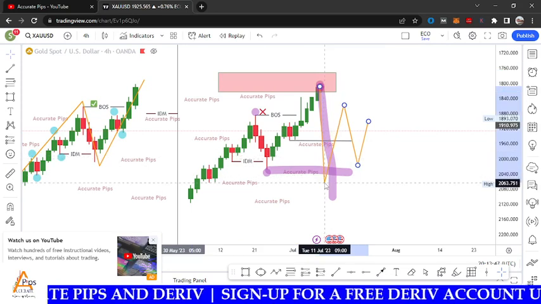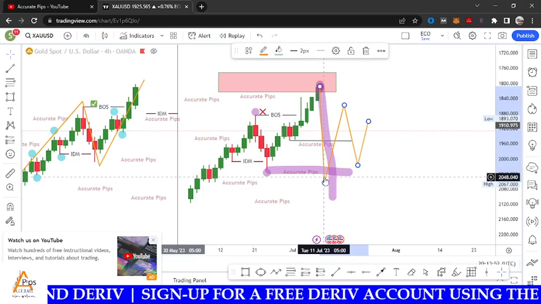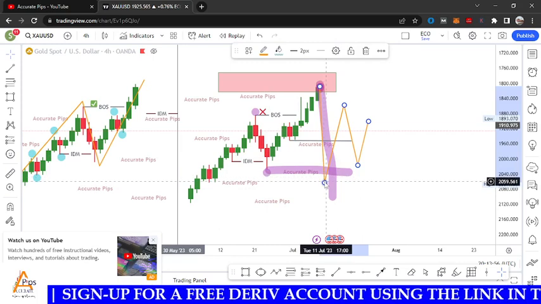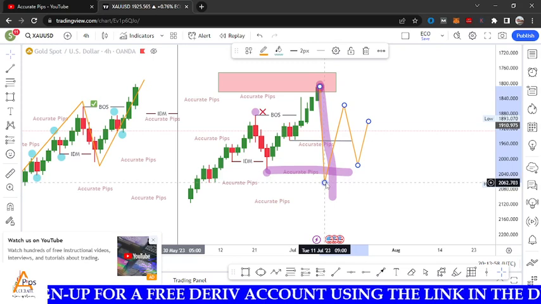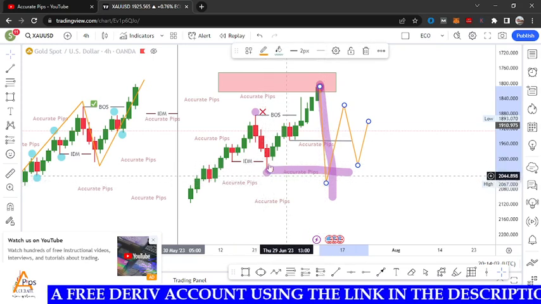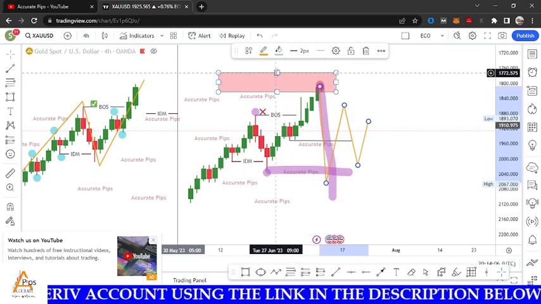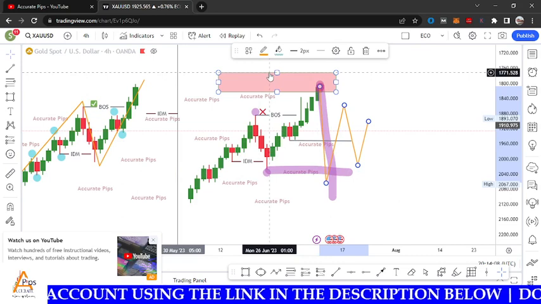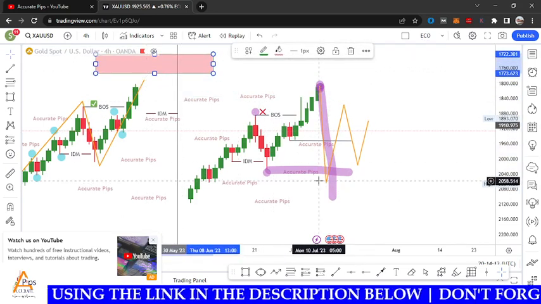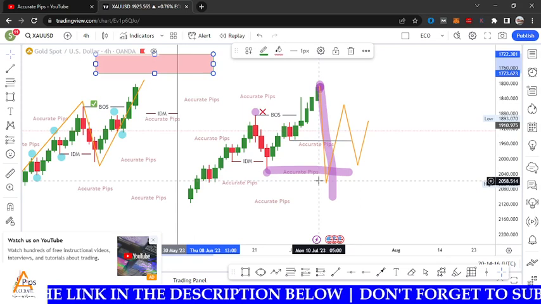If price comes down here to take this, sorry, I'm beginning to have issues with my network, so it's breaking. All right, sorry about that. We are almost done. When it comes and takes this recent structural low, without tapping on, let's say, this supply zone here, then we consider this a change of character in terms of structure.